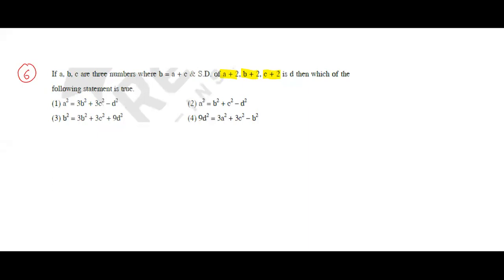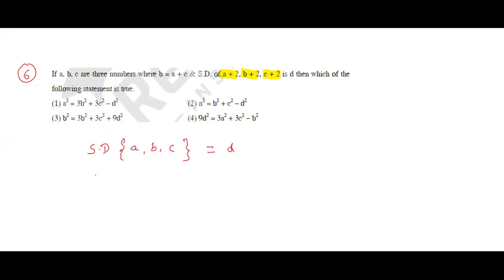The origin is changed. There is no change in standard deviation. Now I am going to find the standard deviation of ABC. SD of A, B, C is already given. How much? That is D.